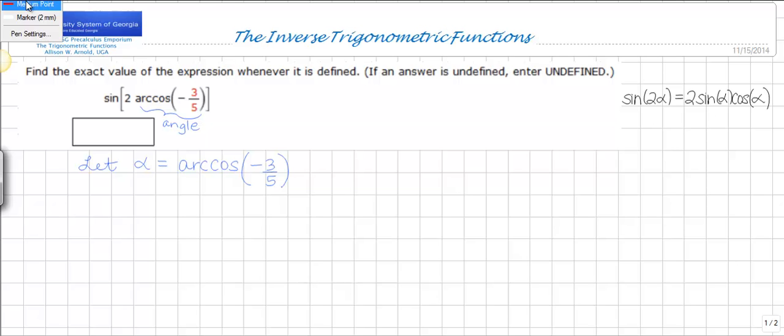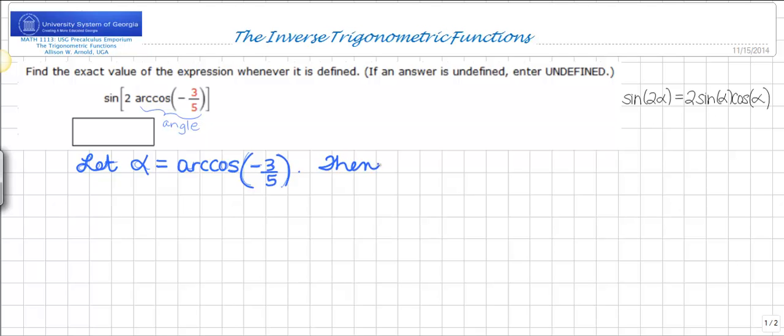Okay, so alpha is the inverse cosine of the value negative 3/5. And remember, this value can be any number between -1 and +1.